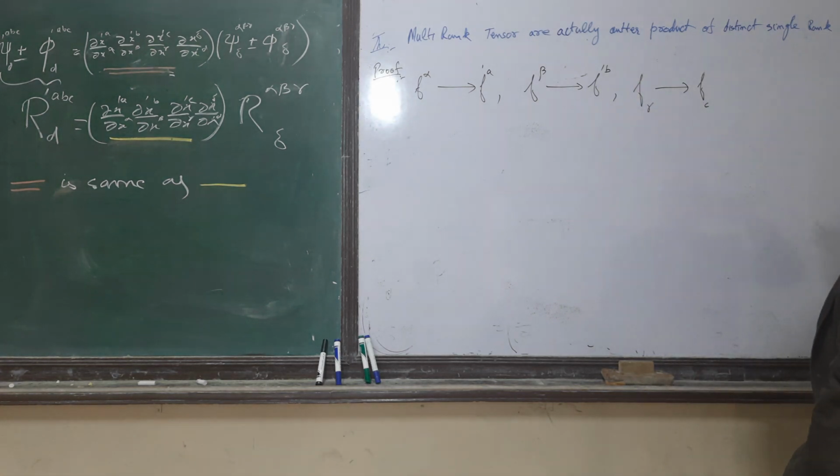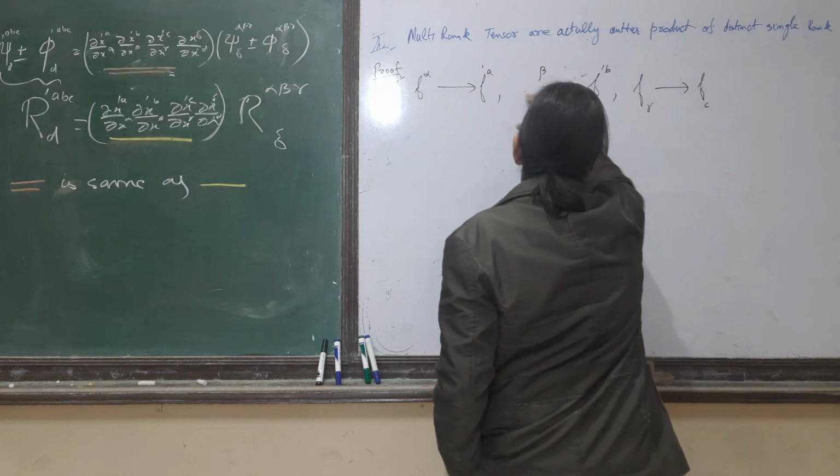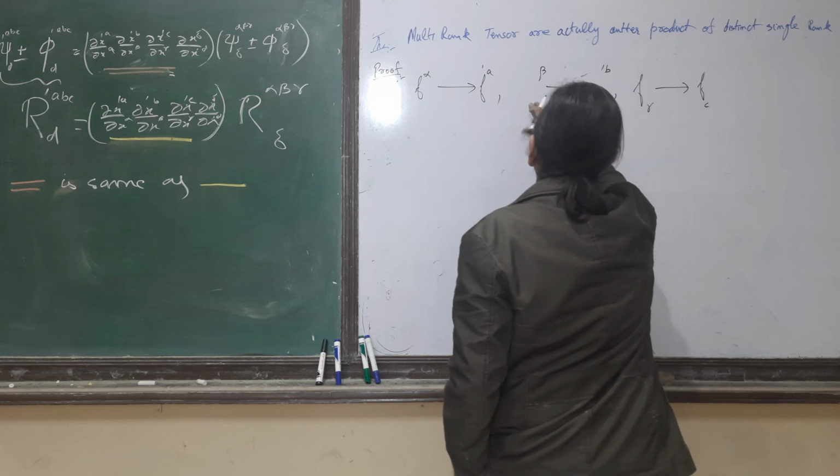Alpha beta gamma. Why am I using the same F?